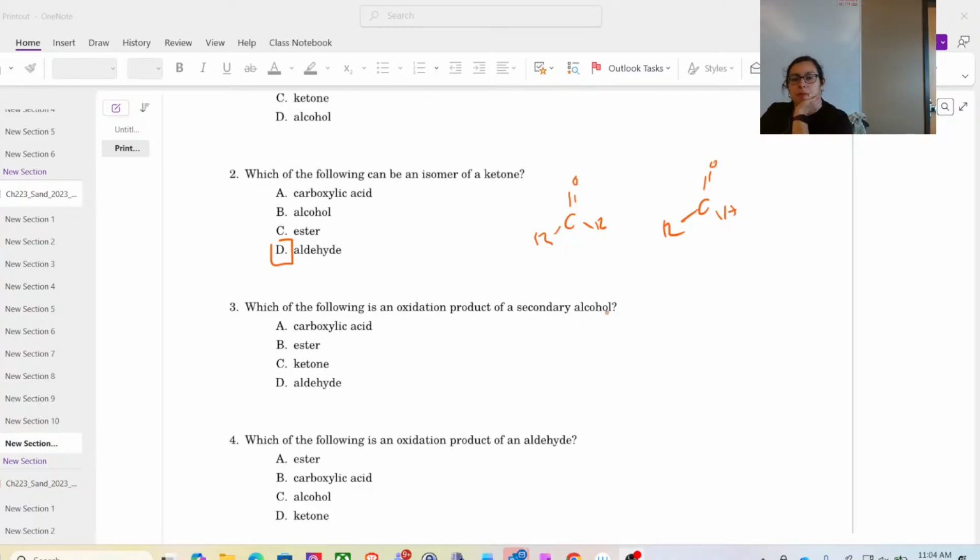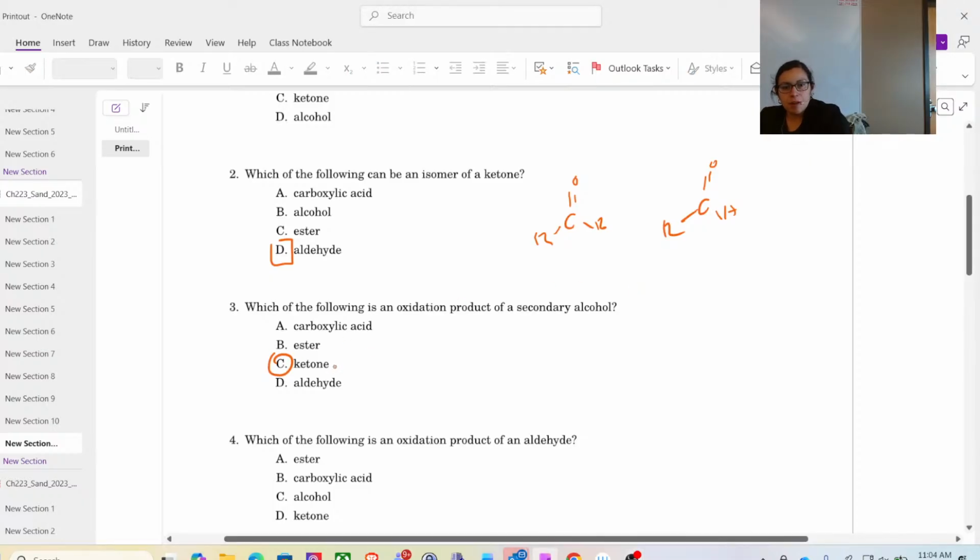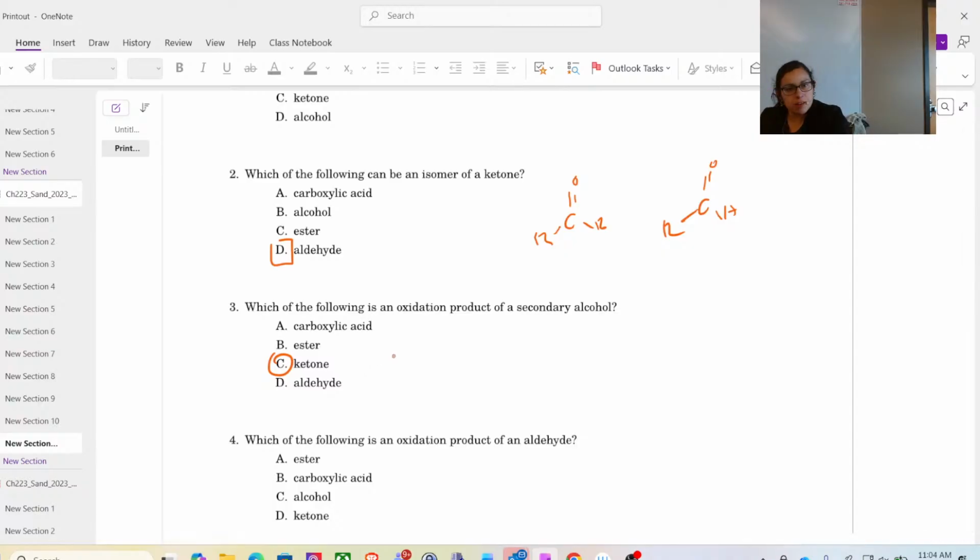What's the problem, right? We were saying that it only undergoes one oxidation. But why is that? It's hinted in the product, right? Which one does not have the hydrogen? Ketone, good. So we make the ketone, but then like we're saying, the oxidation stops there at the ketone since it does not have that hydrogen to lose.